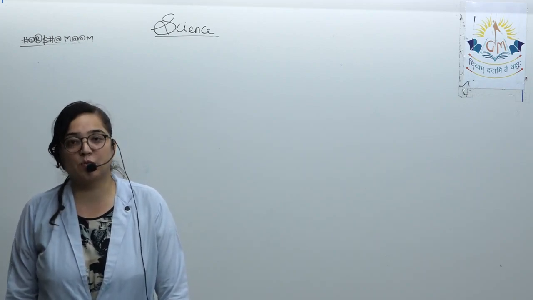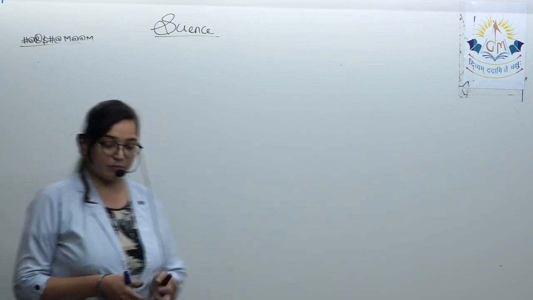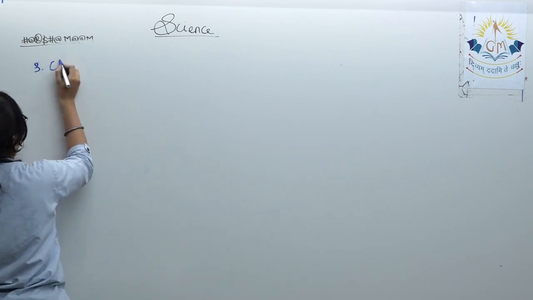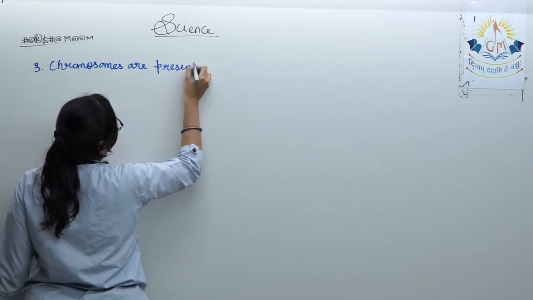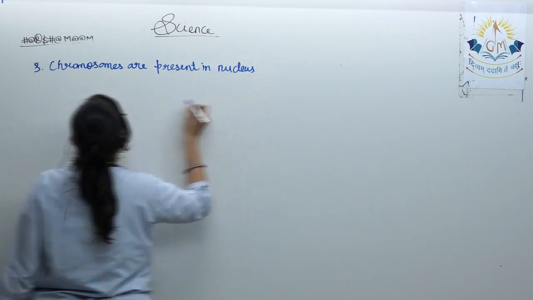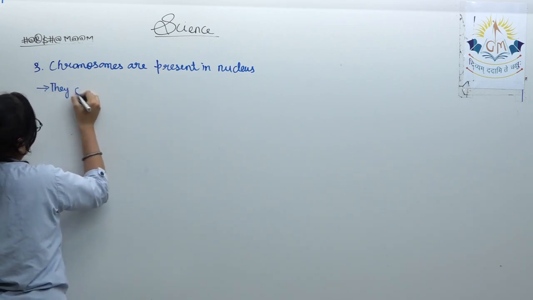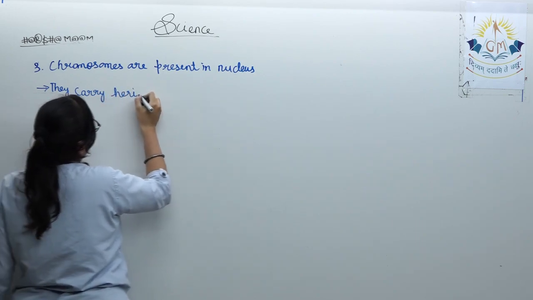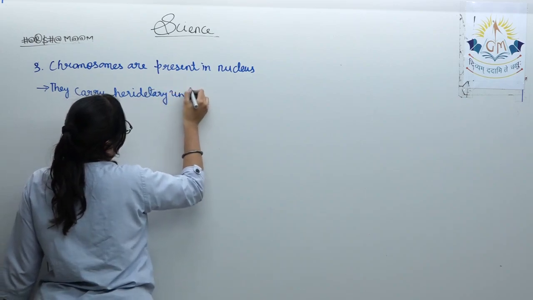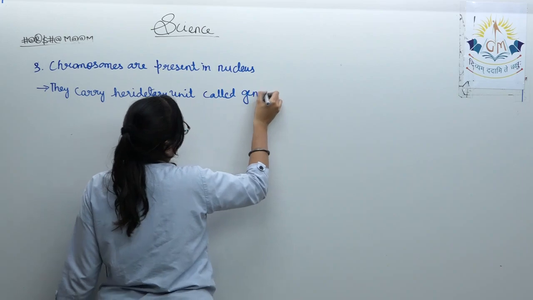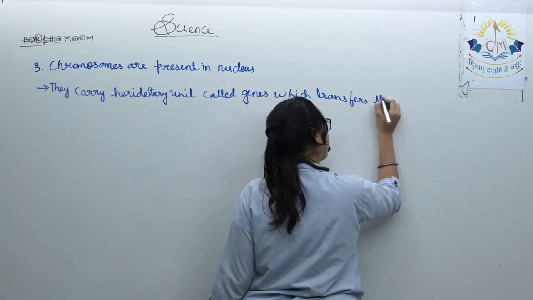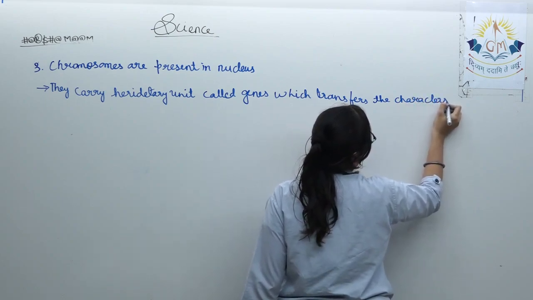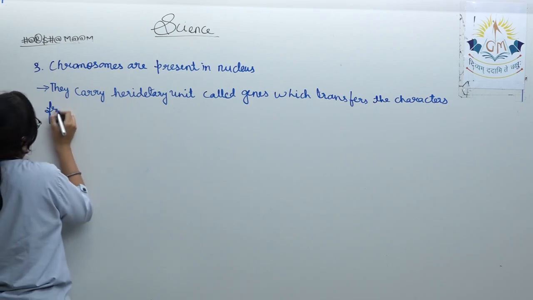Chromosomes contain the hereditary unit which is called gene, which helps in transferring the characters from parents to offspring.